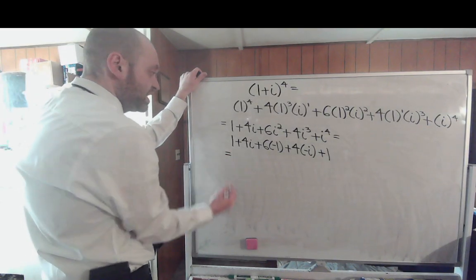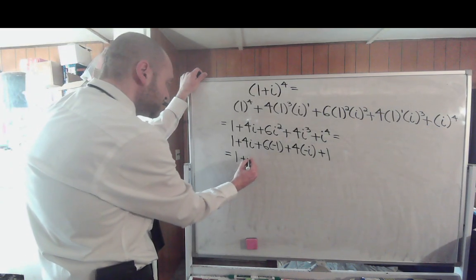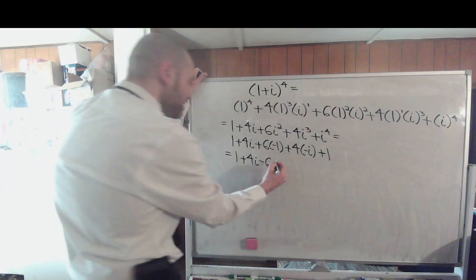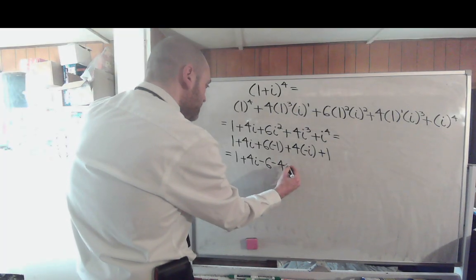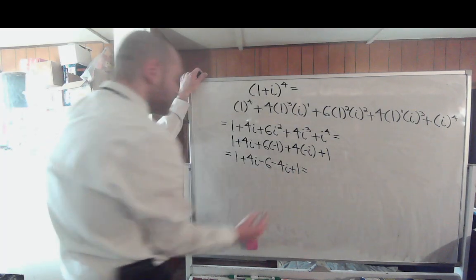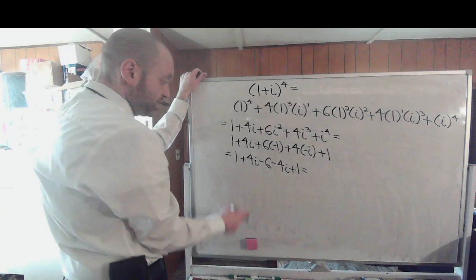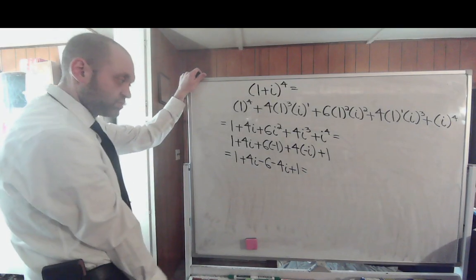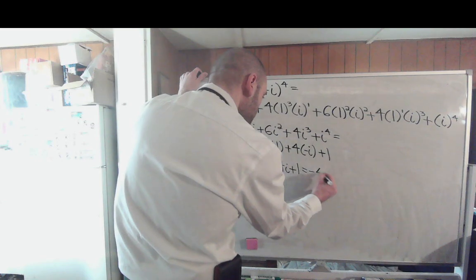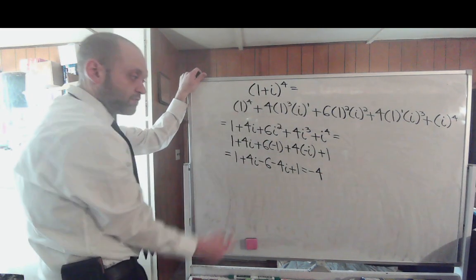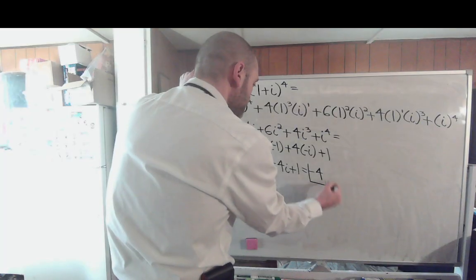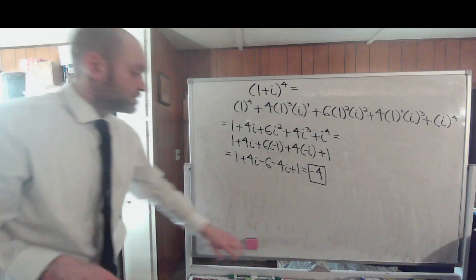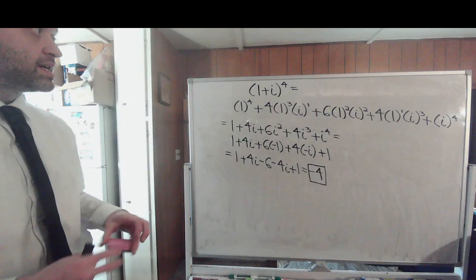So we simplify this further, you would get 1 plus 4I minus 6 minus 4I plus 1. Well, you notice here, 1 minus 6 is negative 5, plus 1 is negative 4, and then 4I minus 4I is 0. So this actually simplifies into a real number of negative 4. So pretty cool, you can do that.